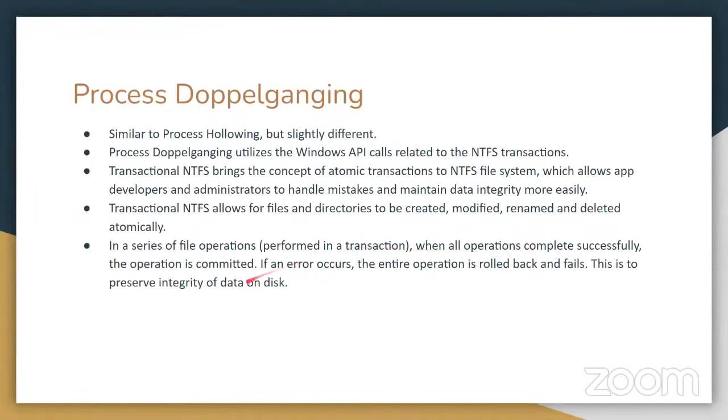So if any issue arises during the write operation, the transaction will roll back and the entire operation will fail. This is to maintain the integrity of the data on the disk.